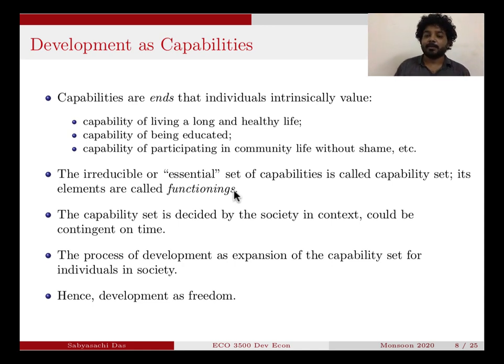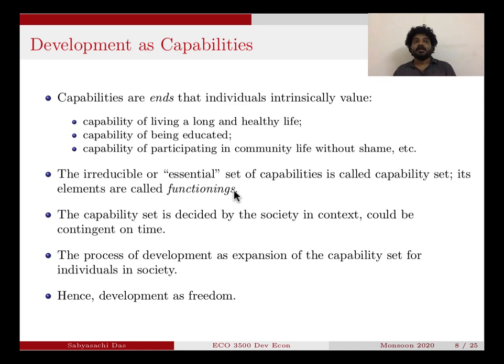And as I said, the capability set is decided by the society in context and also could be contingent on time. What set of goals or values we should have in terms of living a full life can change as a society moves through history and prospers, etc.